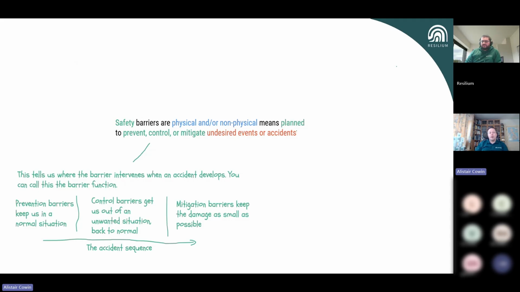They return us to our normal operating state. So if I lose an engine, I still have enough power from the other engine to maintain normal flight, or at least a controlled rate of descent. It's that business about you stay in control. And then I have my mitigation barriers where I'm reducing the damage as much as possible.